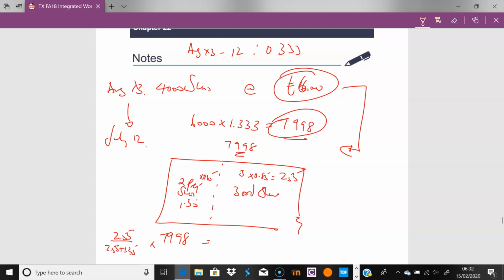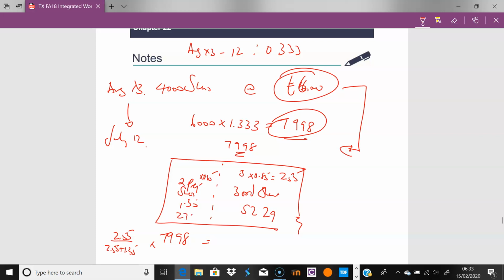Nothing different. 2.55 divided by 3.9 times 7,998 is 5,229, and here we have the difference, minus 7,998, which is 2,768.